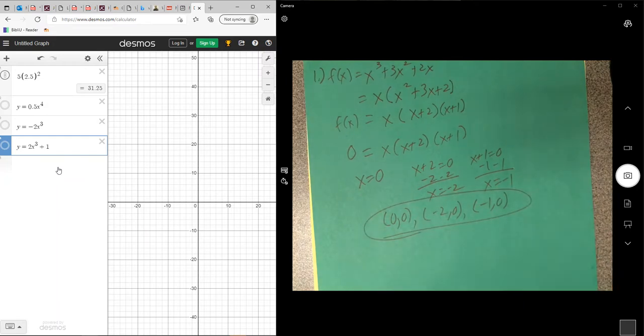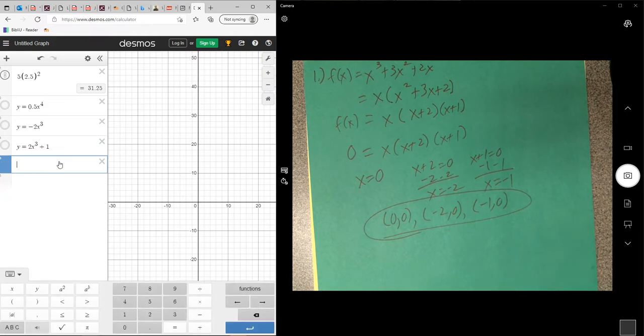Now, if we want to prove this using our graph, we could do y is equal to x to the third power plus 3x squared and then plus 2x.